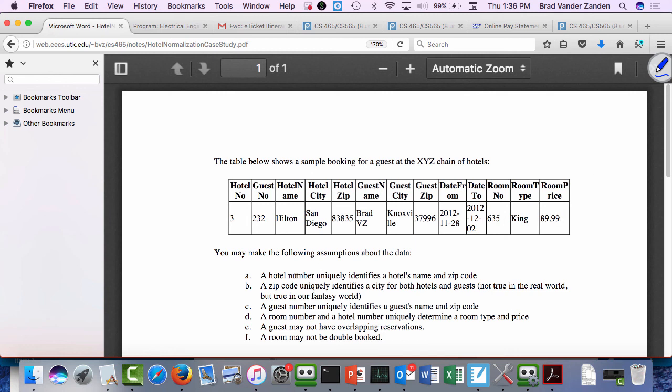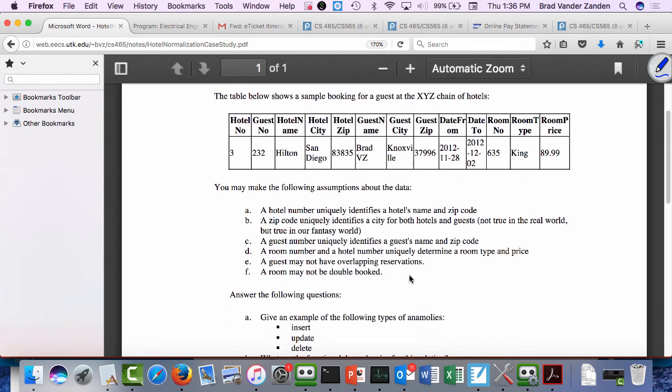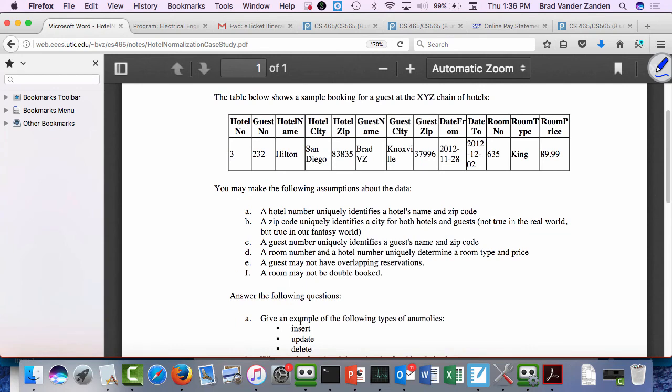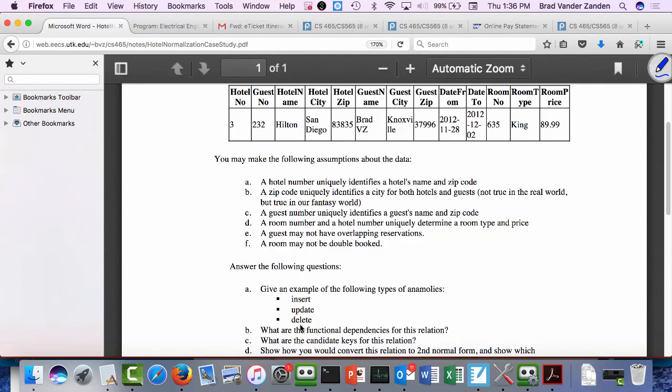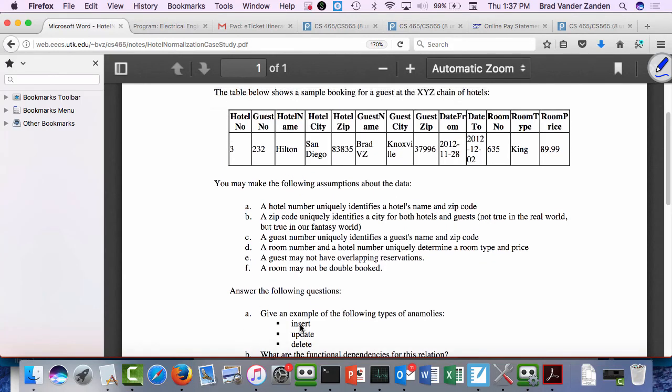So a hotel number uniquely identifies a hotel's name and zip code. Sounds like a functional dependency. Okay, I know it says give an example of anomalies. I will get to that in a moment, but let's first concentrate on what the functional dependencies are.